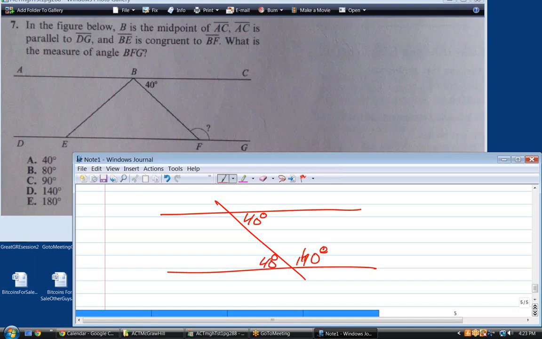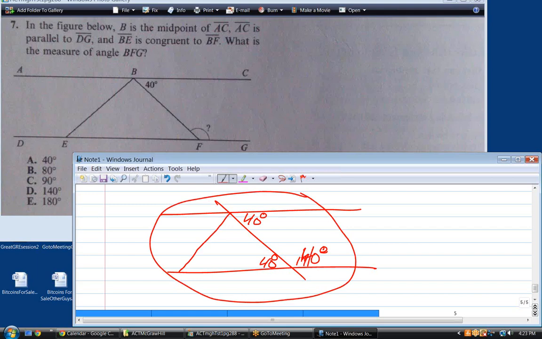You're going to get a lot of questions on parallel lines and transversals. The secret to most of them is eliminating the other line that they throw in there. See this line BE? All that serves is to confuse. In other words, if I gave you this problem here, you'd come up with 140 a lot quicker than if I threw in an extra line that had nothing to do with the problem.